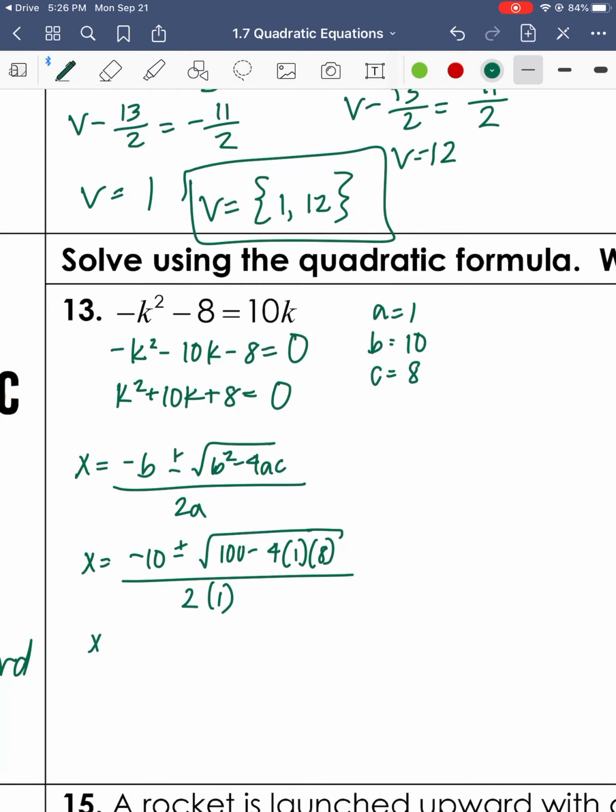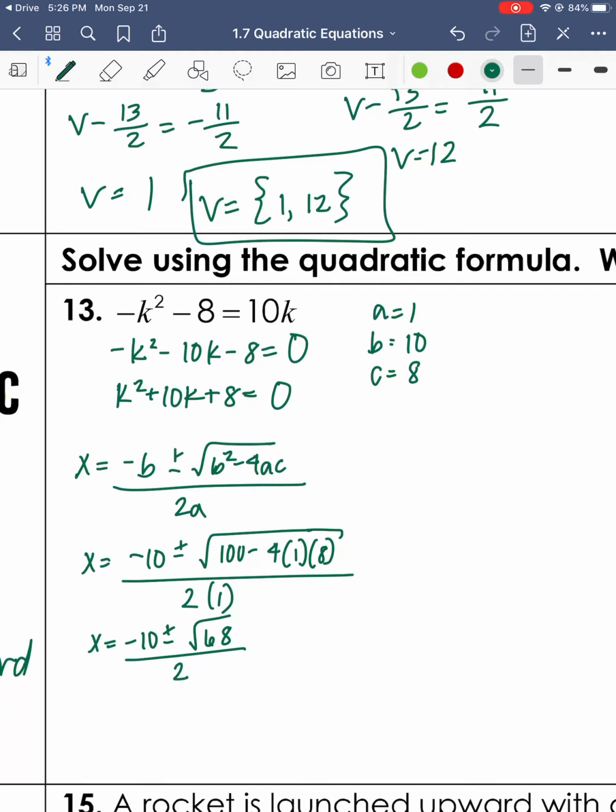So let's simplify the radical first. We have x is equal to negative 10 plus or minus the square root of 100 minus 32, which is the square root of 68, divided by 2.